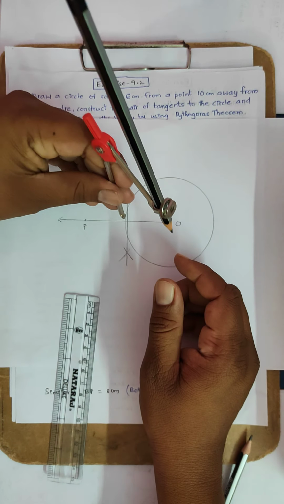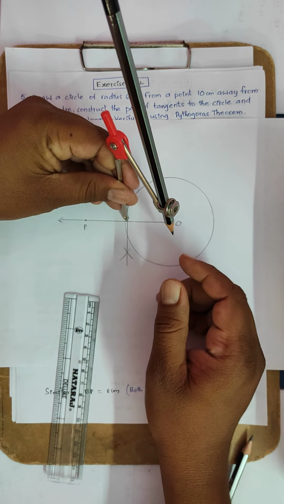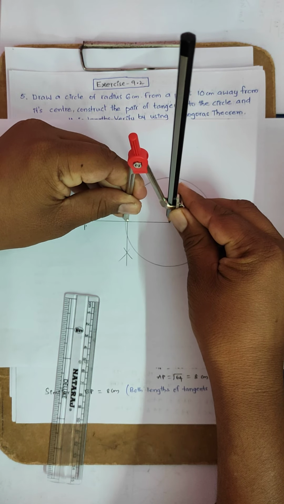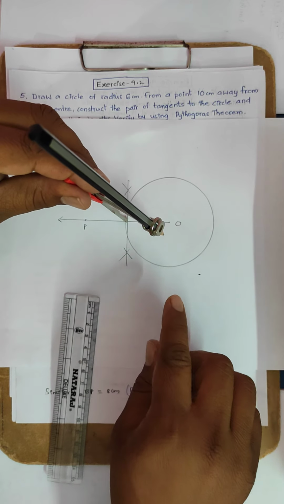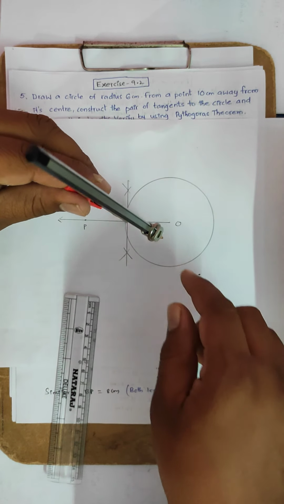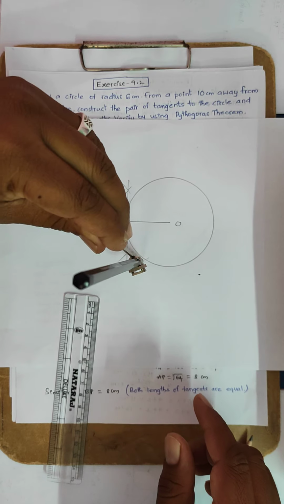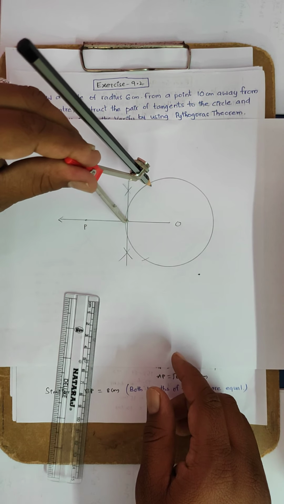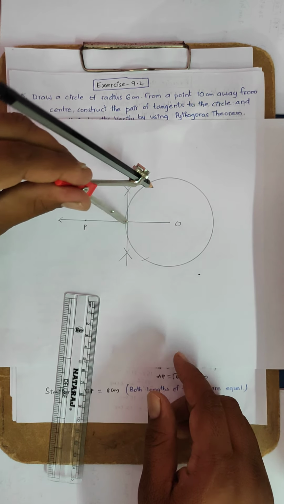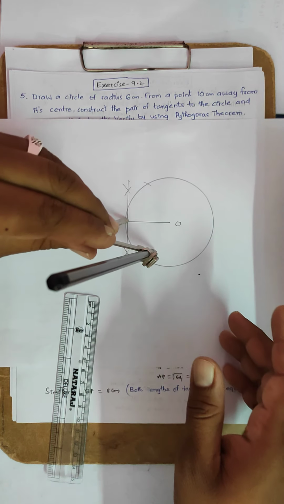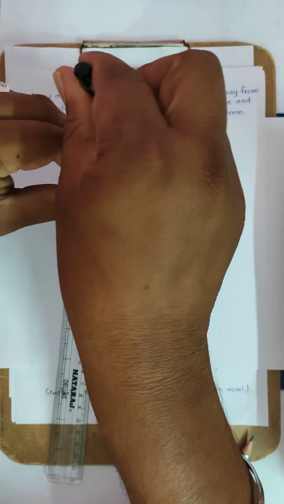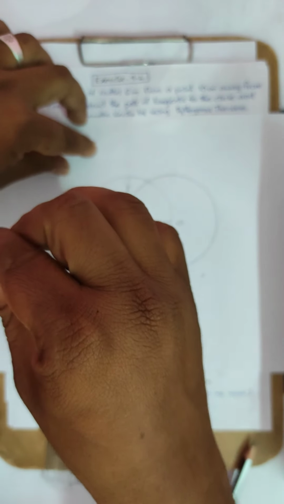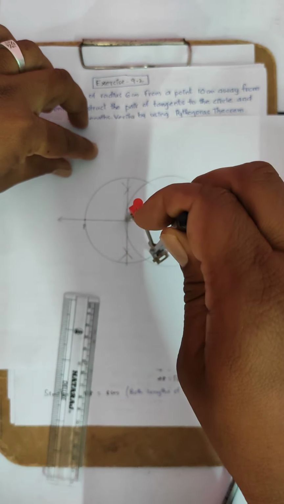Now with the help of this exact midpoint, we can know where the tangent can intersect the given circle. For that we can simply draw two arcs, otherwise we can draw a circle. Why this circle?